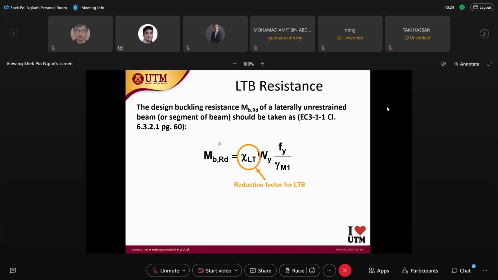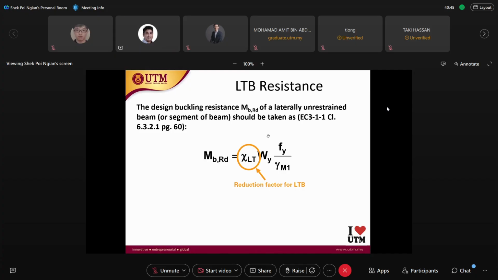Okay. So according to Eurocode 3, to get the buckling resistance, we have to get the lateral torsional buckling resistance. The symbol is M_b,Rd. M_b means buckling moment resistance.